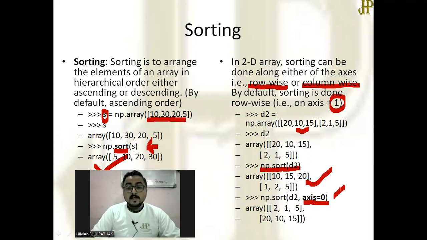What it means is that data are arranged column wise. So here 2, 20, so 2 will be printed first, then 20 will be printed like this. Same as 1, 10 and same as 5, 15. So I think sorting is clear to you.